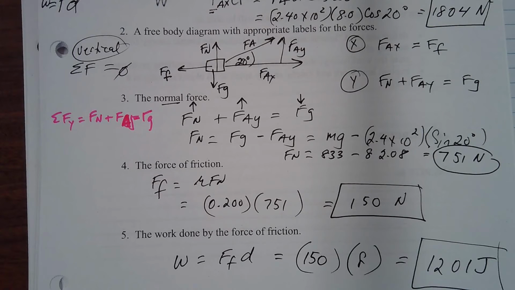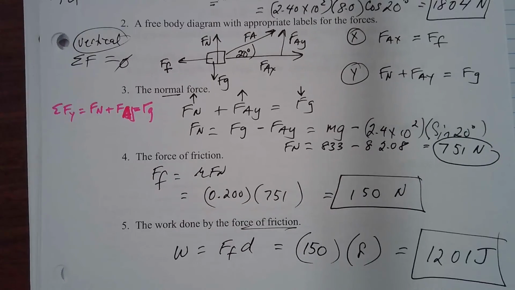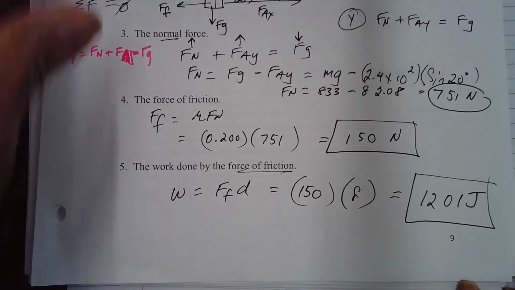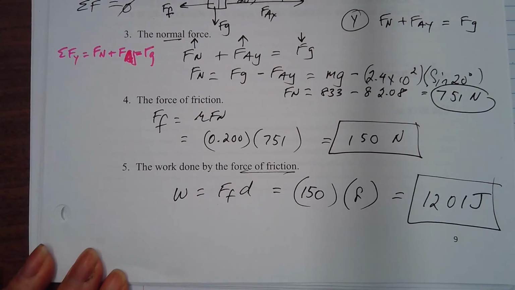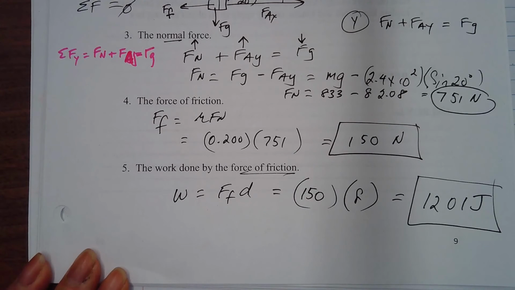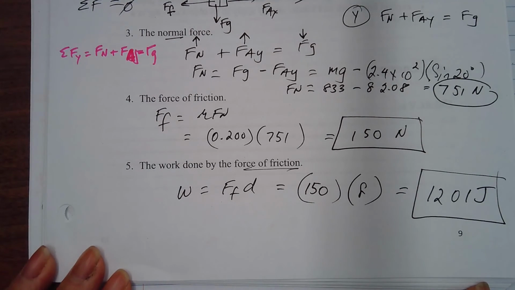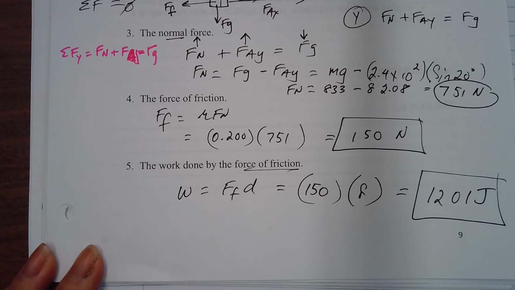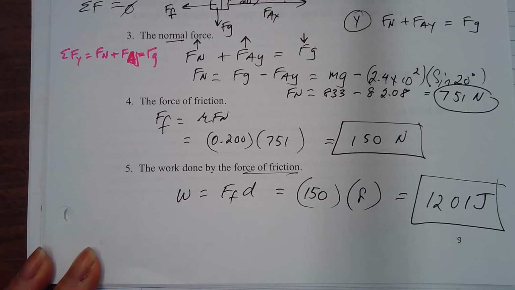So that's Ff times d. Oh, you need this cos theta, right? No, you don't do that because the force of friction is just backwards along the horizontal. So there's no inclined plane in this one. You're just pulling it at an angle with a rope.